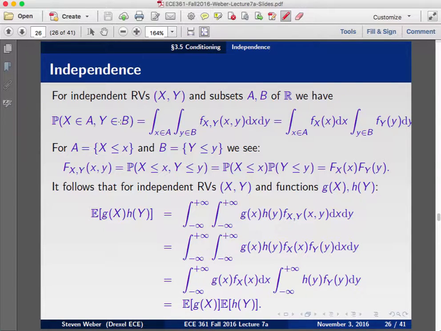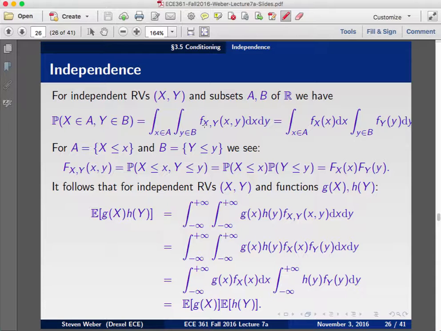I know I can always get answers to such questions by integrating over all possible pairs of x and y such that x is in A and y is in B, where I'm integrating the probability density function f of x comma y. Now, because the random variables x and y are independent, I can always replace this joint probability density function with the product of their marginals, f sub x at x and f sub y at y.